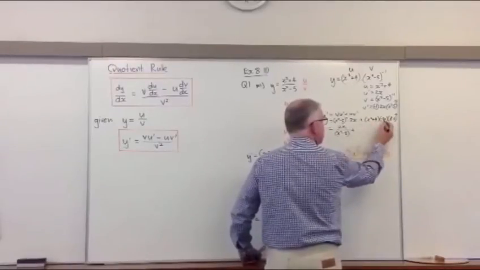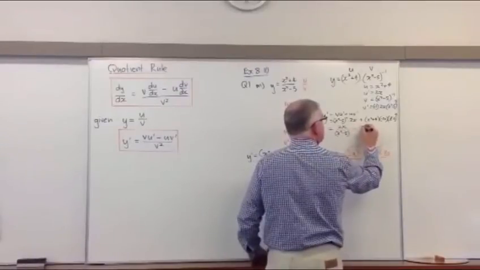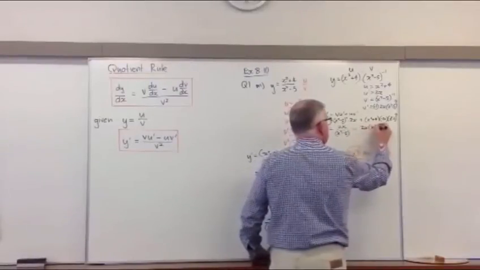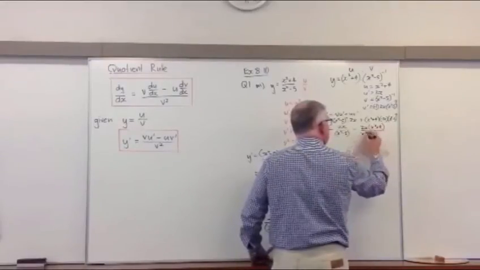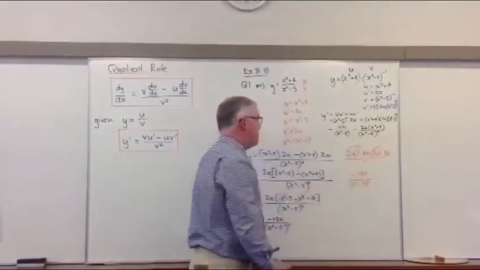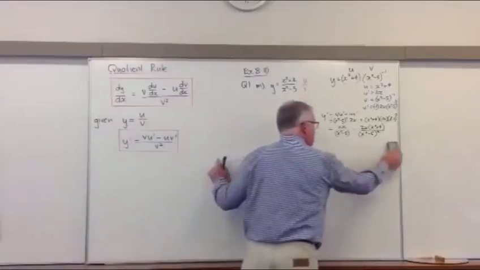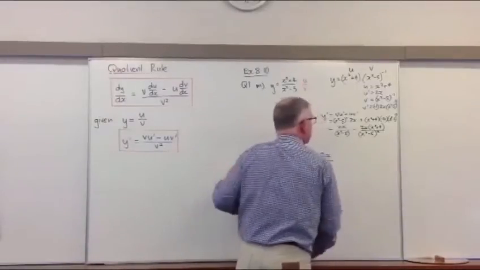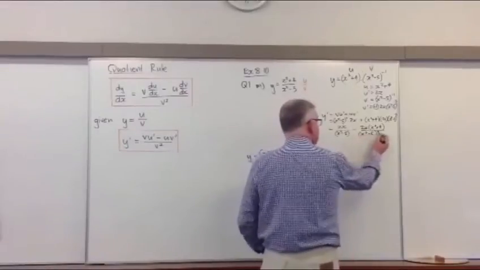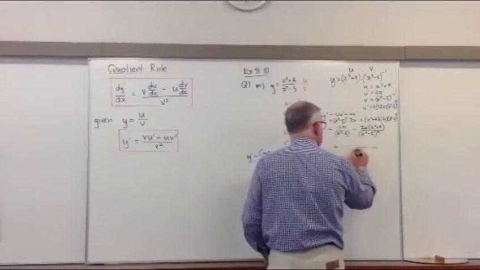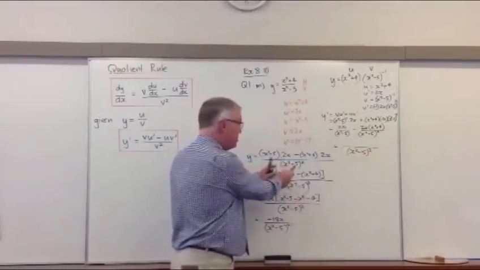That's a positive, that's a negative, so that will actually be a minus 2x outside of x squared plus 4, all over x squared minus 5 squared. What do you have to do when you want to add fractions? You've got to have a common denominator. The common denominator I would be getting is this one here, x squared minus 5 all squared. So now it's starting to look like that already.